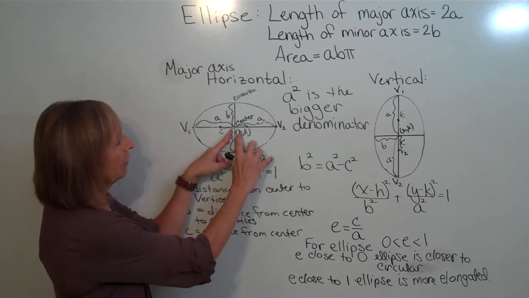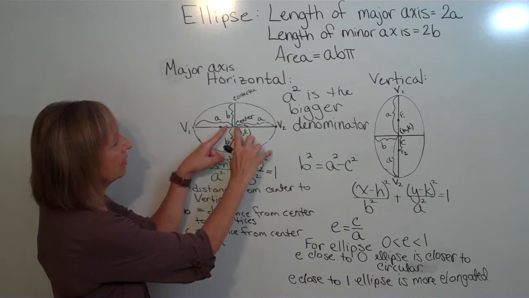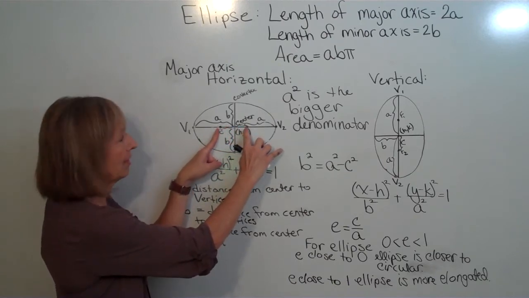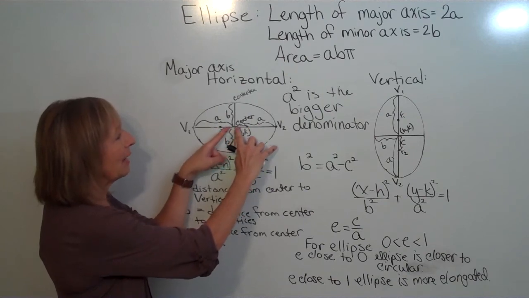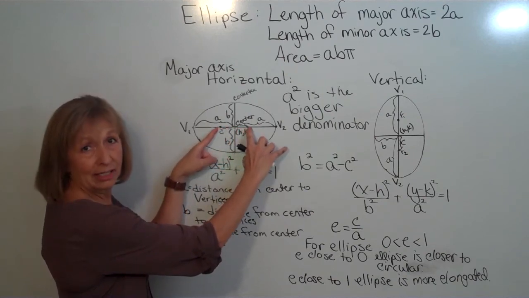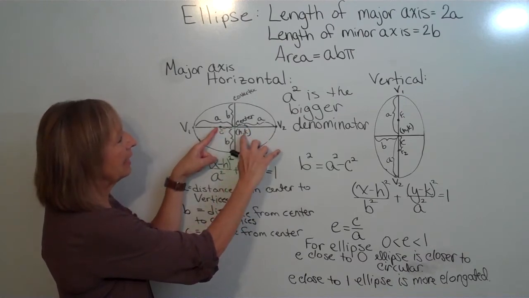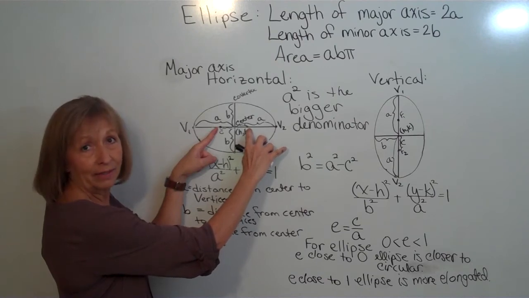So if I have my center (h, k) and I want to get to the foci, which is also on a horizontal line with that, then it's my x coordinate that's changing, not my y. So I'll have (h minus c, k) for that one and (h plus c, k) for that one.